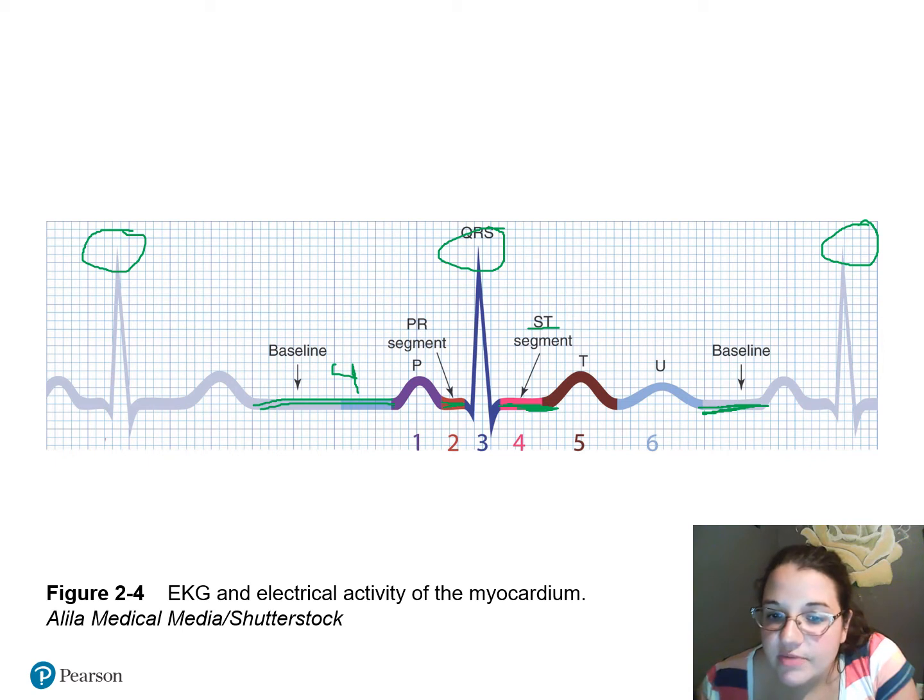But then you notice we have our P wave, which is my atrial depolarization. And then we have our PR segment, which is in between my P and my R wave. From there, we go up to phase 0, which is a positive 20 millivolts, and gives my cell a positive charge.